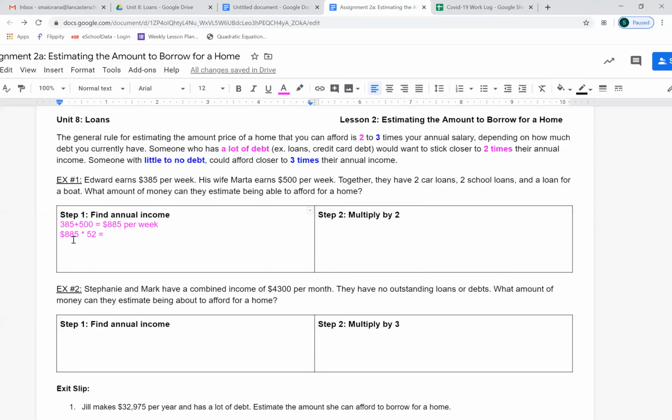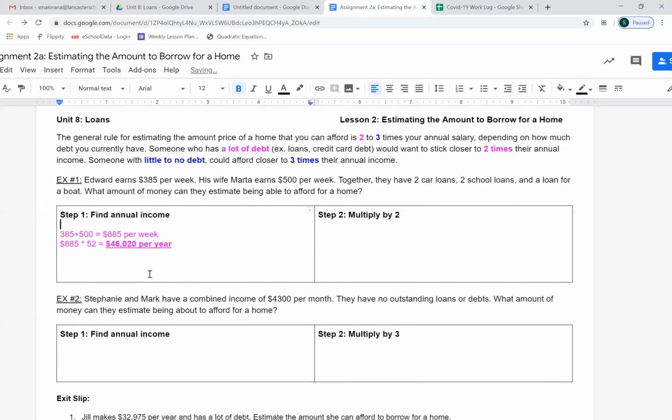So when we punch that in the calculator, 885 times 52, that gives them $46,020 per year. So this is our annual income number.